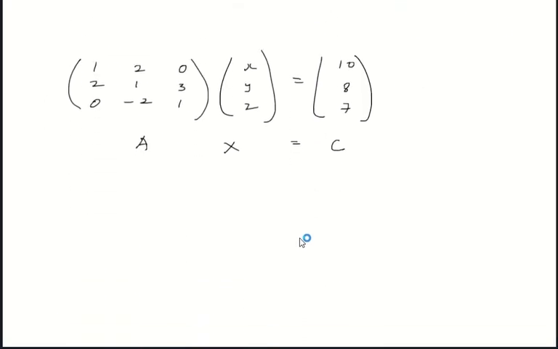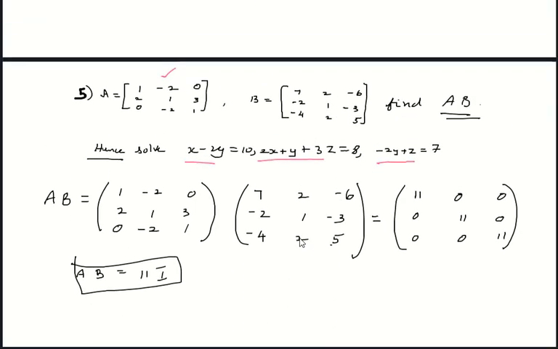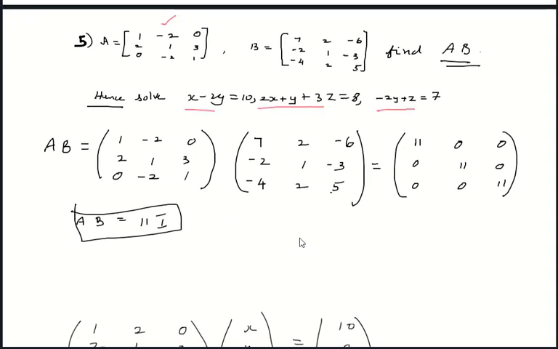Now I need the X matrix. X is A inverse into C. Now I should find A inverse. The question says hence find, so I have to make use of this. Multiplying this equation by B inverse on both sides, what do I get?